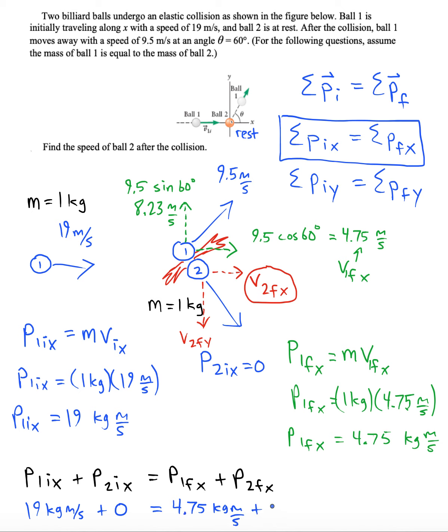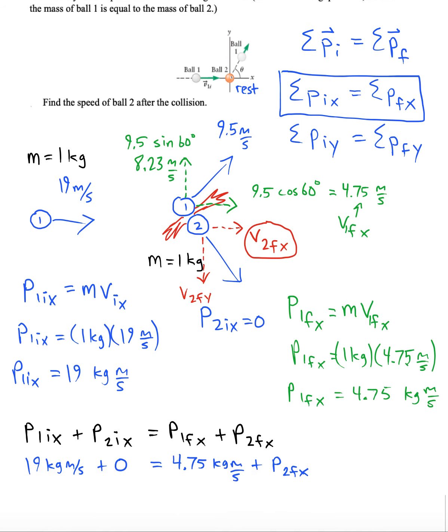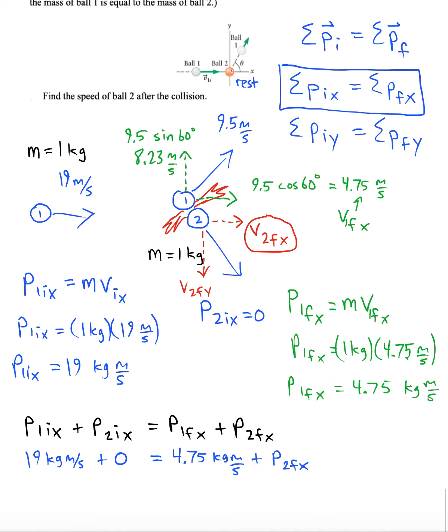Now we can solve for the unknown. But keep in mind, we're not exactly finding the velocity just yet. We're finding the momentum in the x direction for that second ball. So we'll subtract. I get 14.25 kilogram meters per second.